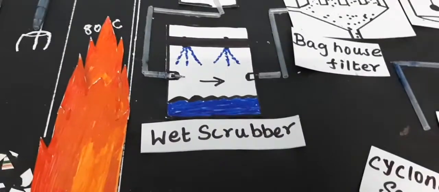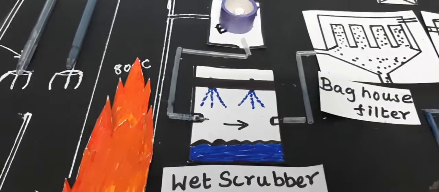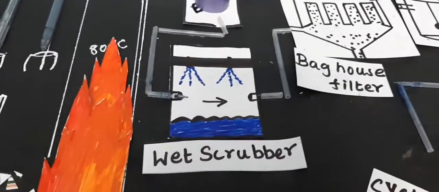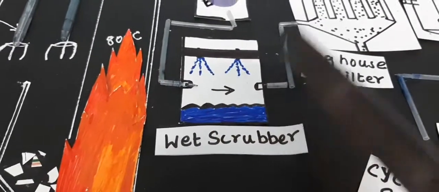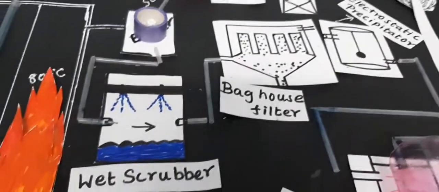So the next stage: after recovering the heat energy for the production of electricity, the gases have to be treated for removal of the pollutants before they leave through the chimney.